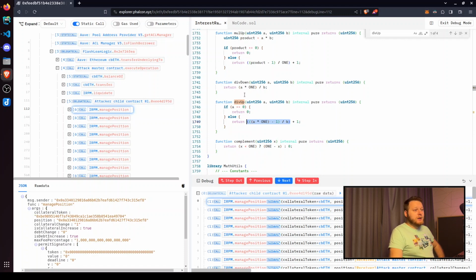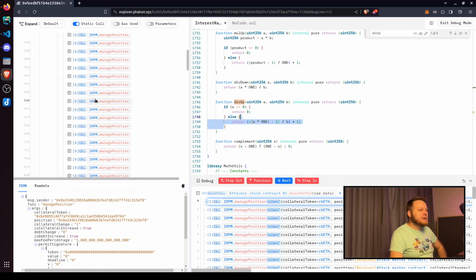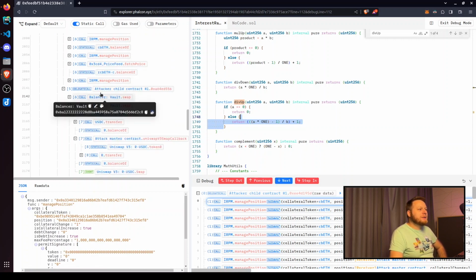However, because this is div up, the user gets 1 share. So he should get absolutely 0, nothing here in this case. However, because of this div up, he gained 1 share. And you can see here that this was repeated on and on and on. It was actually repeated around 60 times.